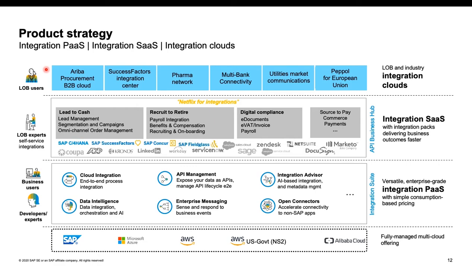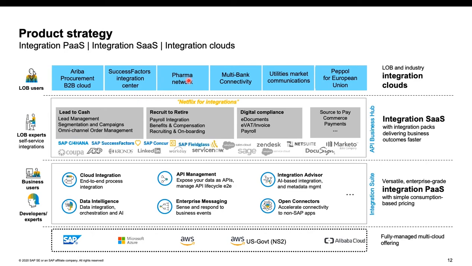which provide wizards, for example, to simplify the integration even further, like the Ariba Cloud Integration Gateway, where buyers and sellers can come together and offer their goods and sell their goods and buy the goods from each other.